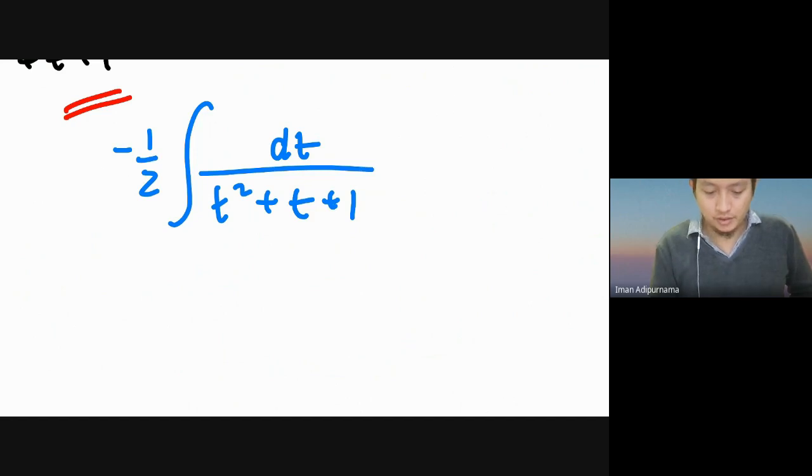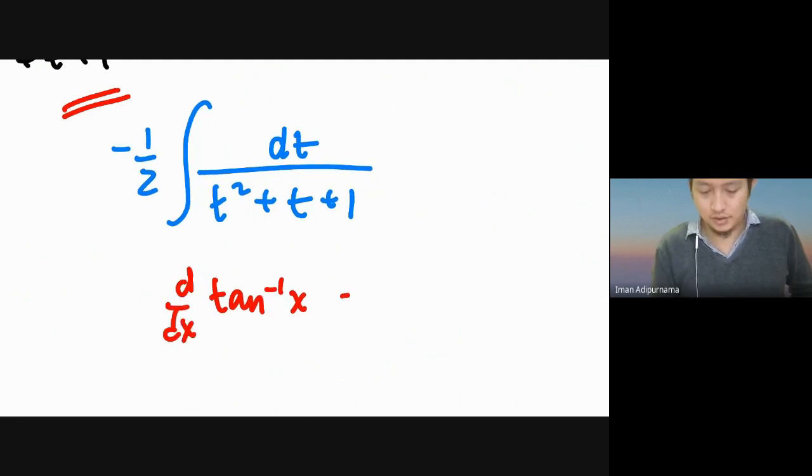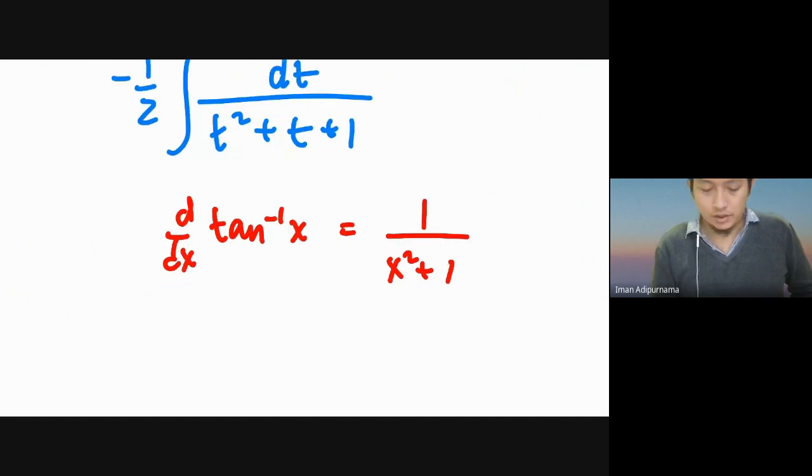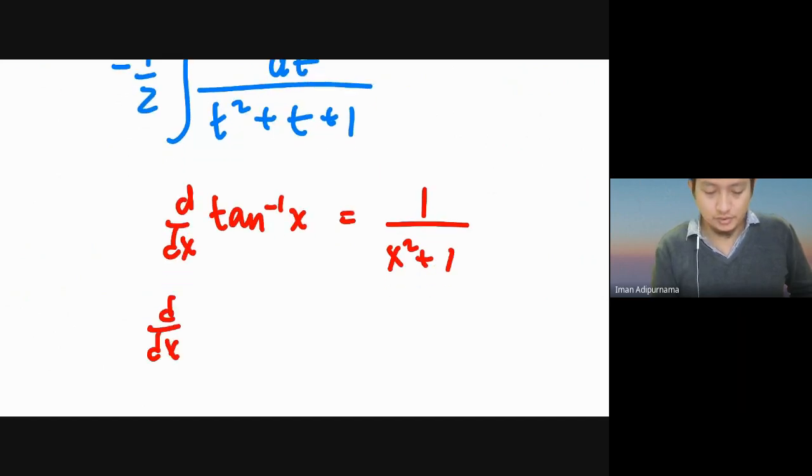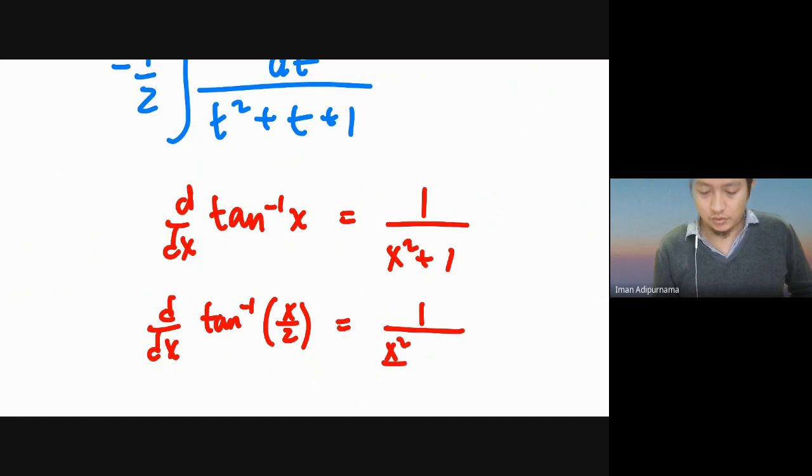Okay, remember, if we have tangent inverse x and we differentiate, this will be 1 over x squared plus 1, right? If we have this, this will be 1 over x squared over 4 plus 1, and we need to multiply with half.